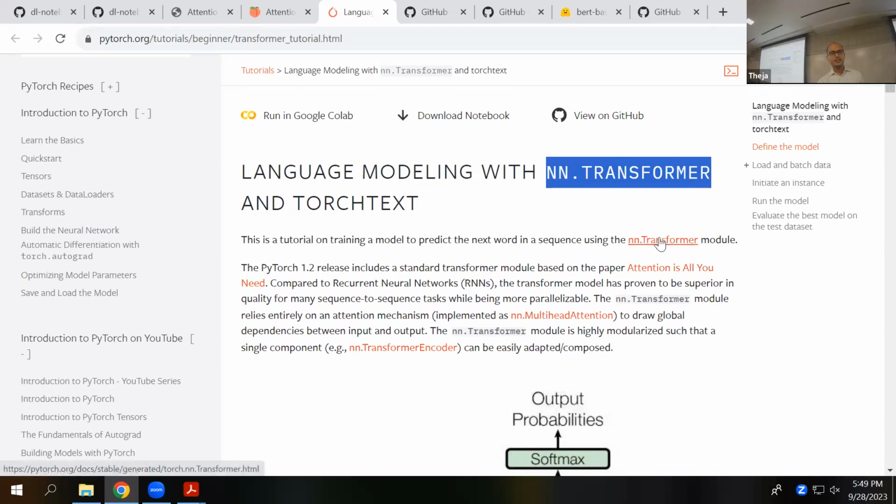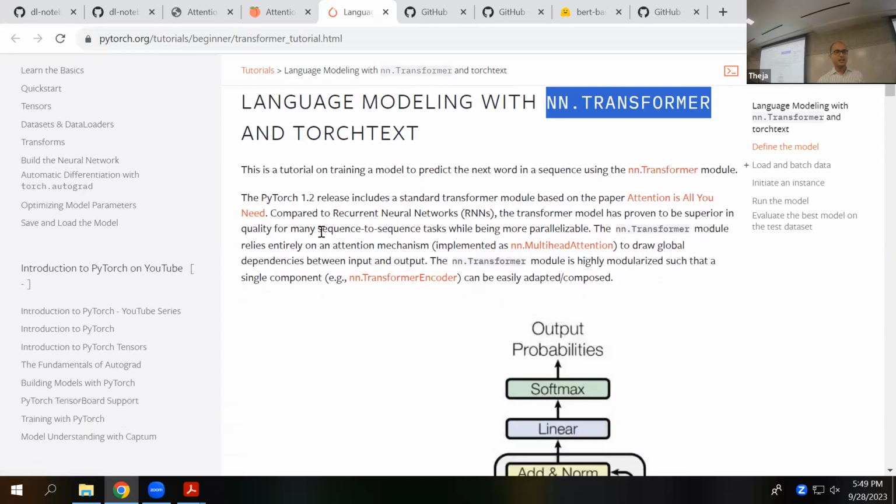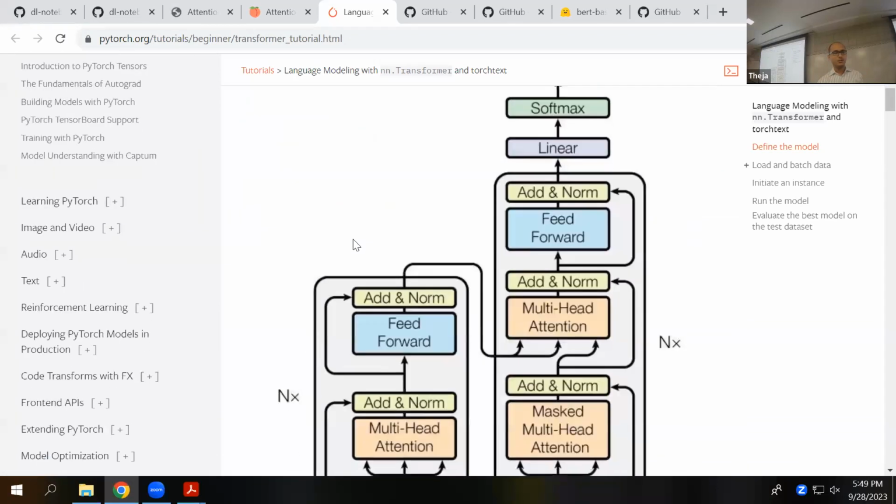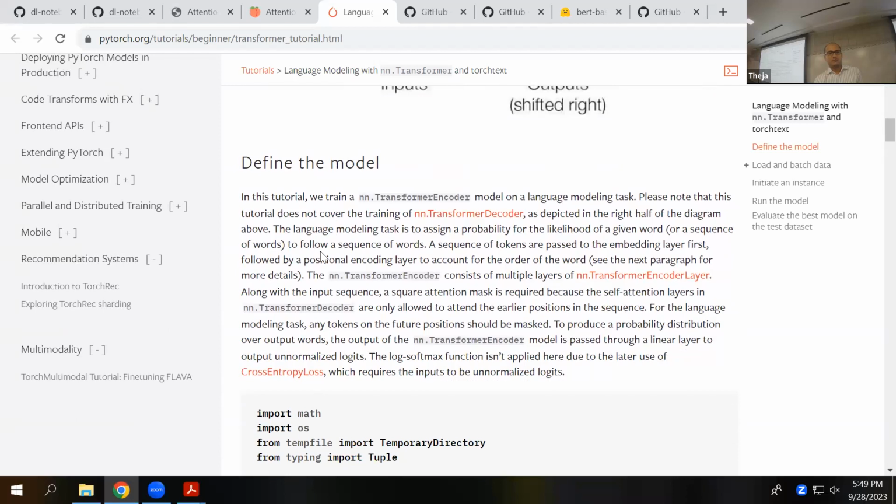There is an nn.Transformer module, very similar to the nn.RNN or nn.LSTM module, that you can just use. Also there's nn.MultiheadAttention if you want to go into some details of what's happening inside the transformer module.